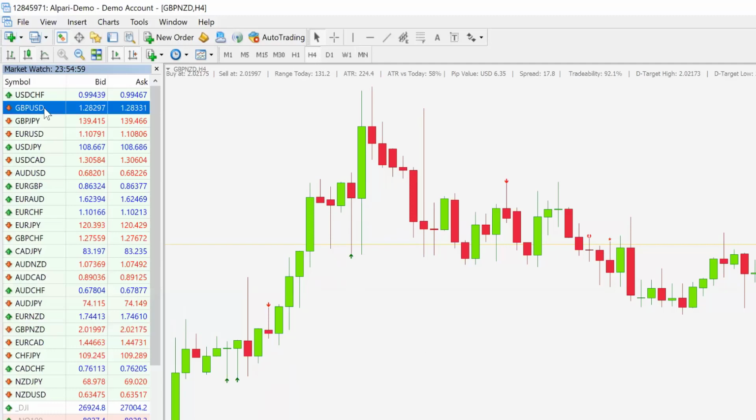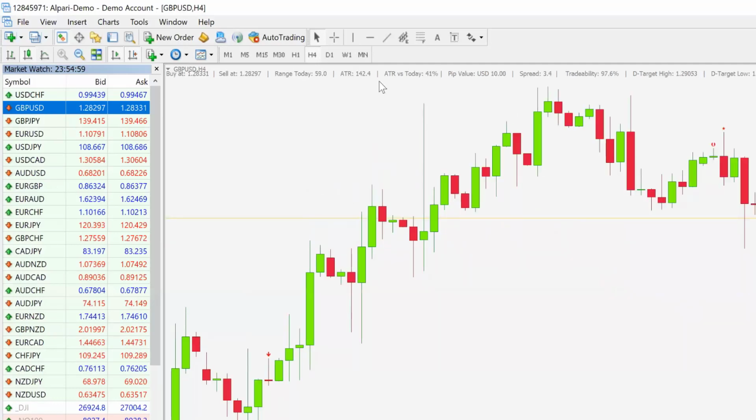And if you look at something like GBP USD, which is 142, it will be something like 3 divided by 142, which is about 2%.